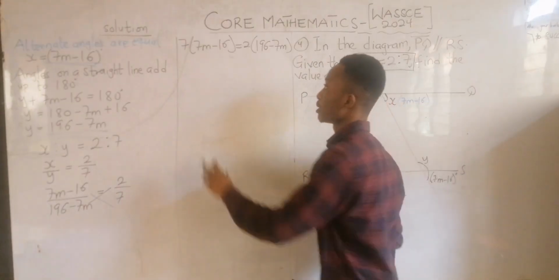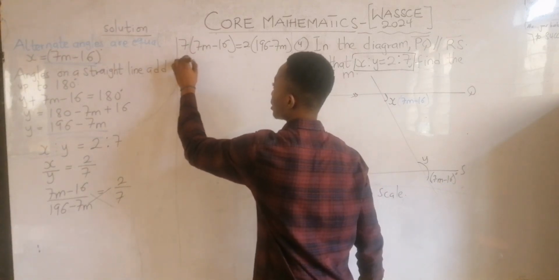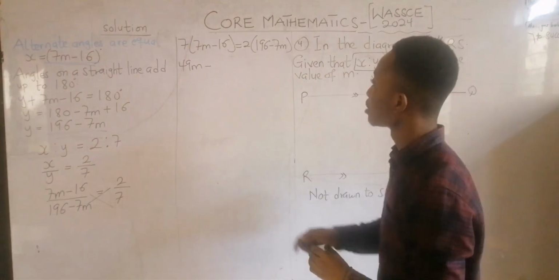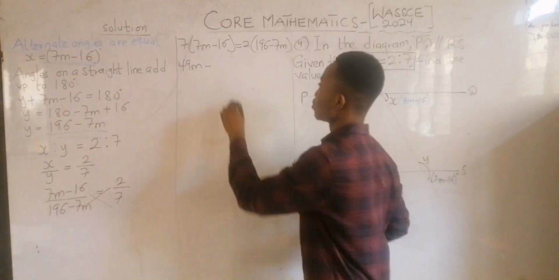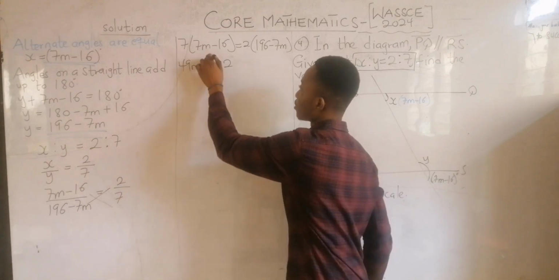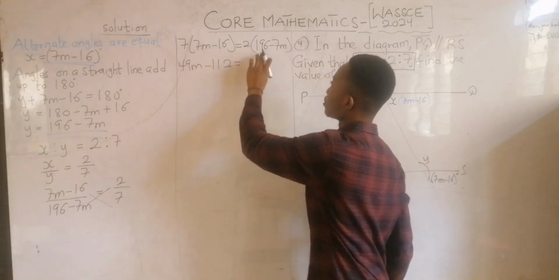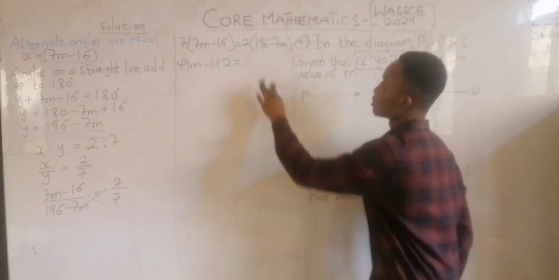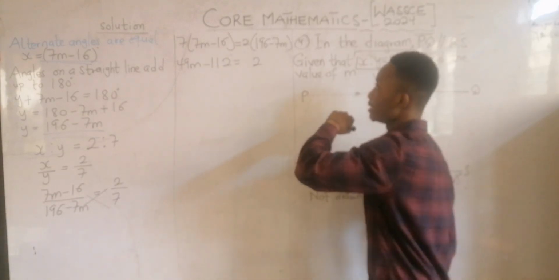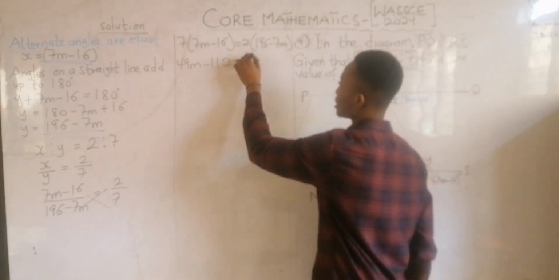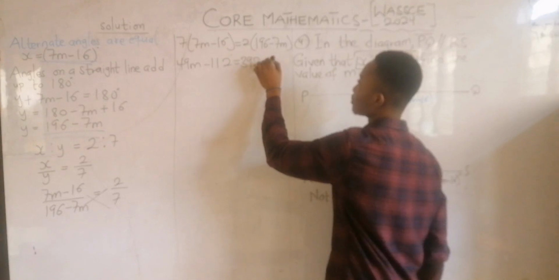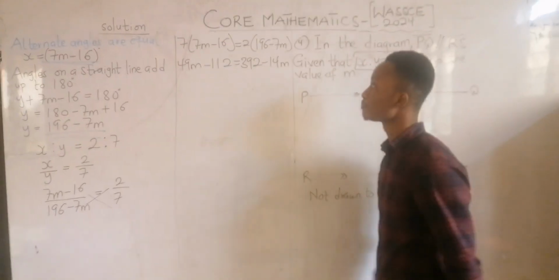Let's expand the brackets. 7 times 7 is 49m. 7 times 16 is 112. 2 times 196 is 392. 2 times 7m is 14m.